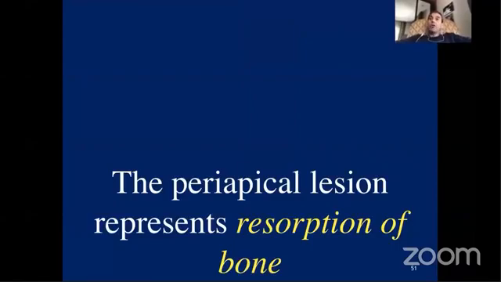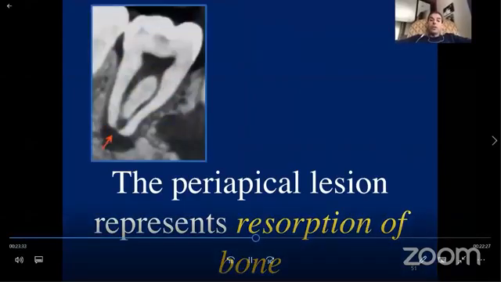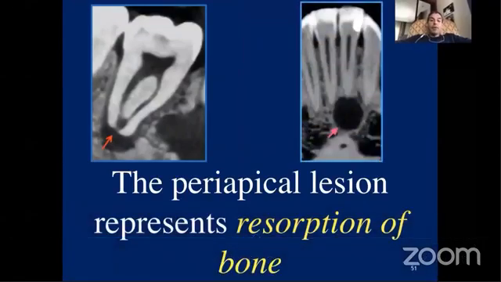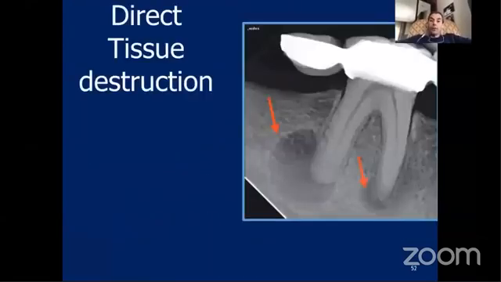And we have to know first, the periapical lesion represents resorption of bone. So when we see periapical lesion in the X-ray, CBCT or periapical X-ray, this black hole here, it represents the bone loss or resorption of bone.